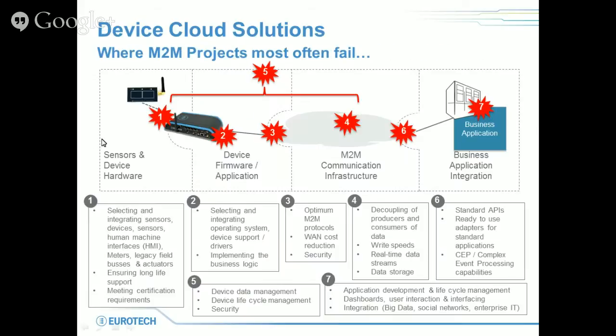Because the communication can get broken either in the field, for instance, a radio communication from a sensor to a gateway and towards an actuator, but the communication can fail also between the gateway and the server platform, and it can fail inside the server platform.